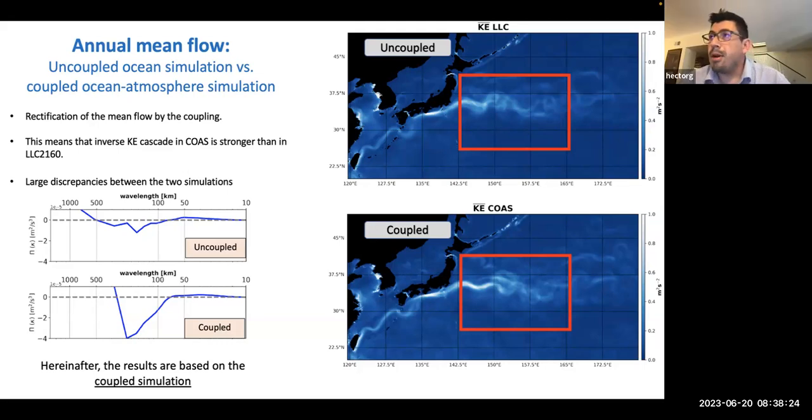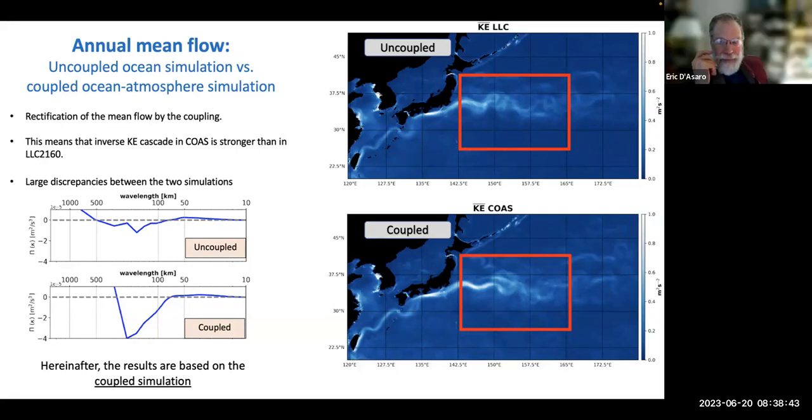Yeah, one of the things that I have learned is that the high frequency winds in the coupled simulation are higher than in the uncoupled one. And this high frequency triggers another type of motion in the ocean, near inertial waves that interact with the submesoscales. That's one.